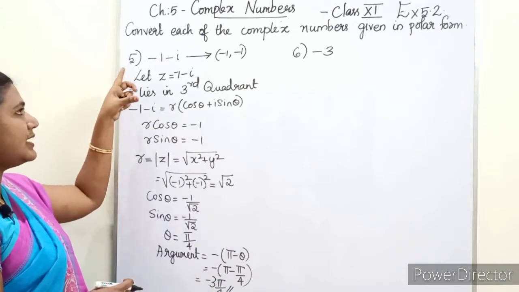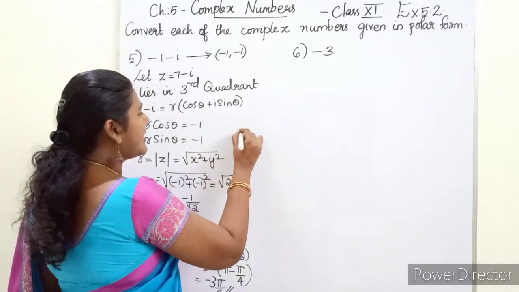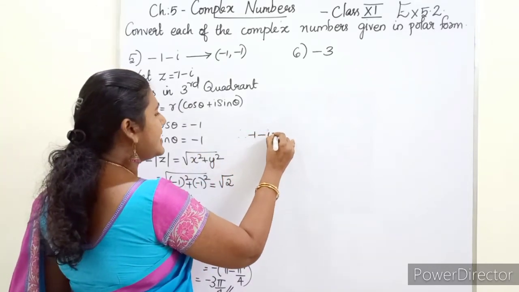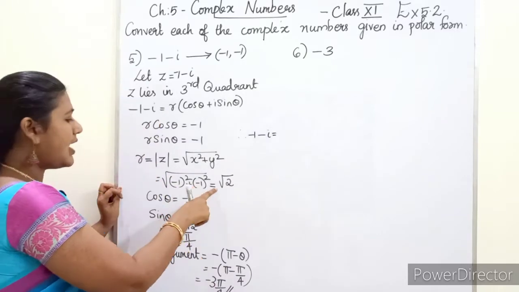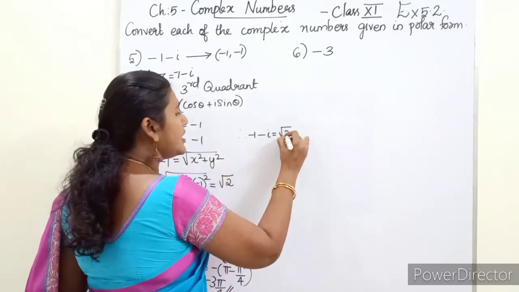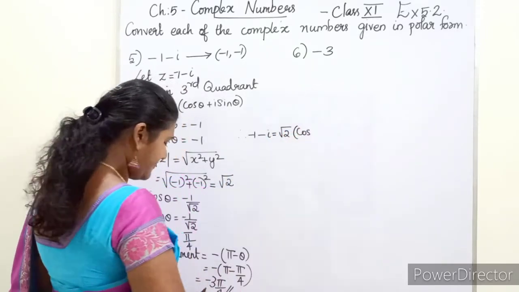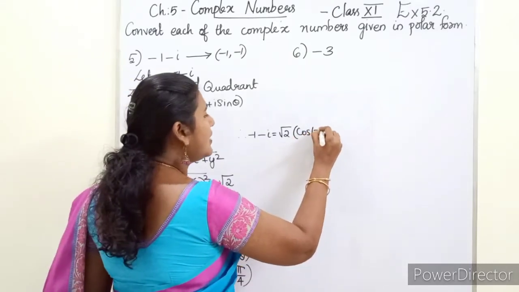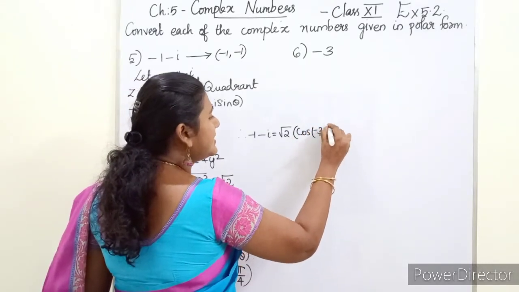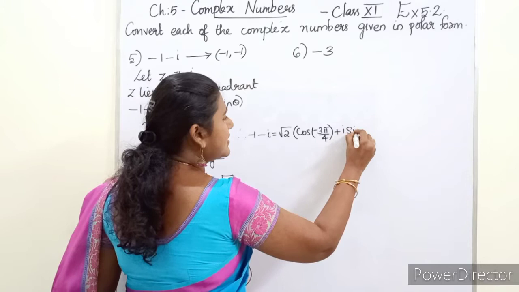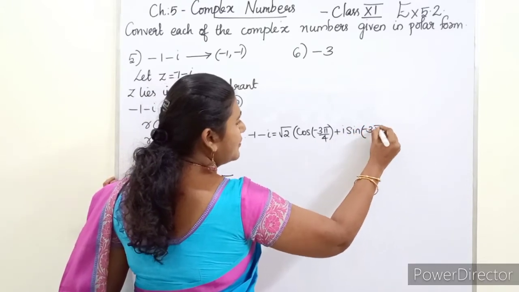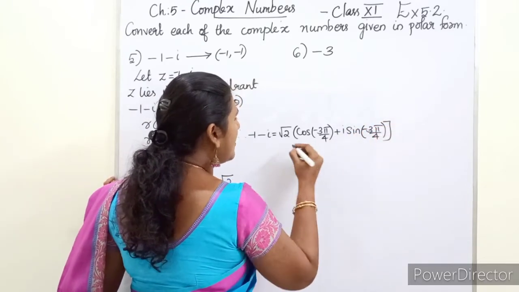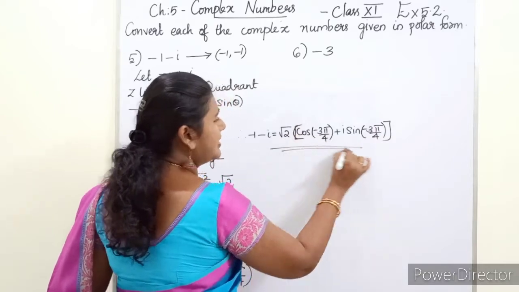Now we will write the polar form. Therefore, we can write minus 1 minus i is equal to root 2 into cos of minus 3 pi by 4 plus i sin of minus 3 pi by 4. Okay, so this is the polar form of the given complex number.